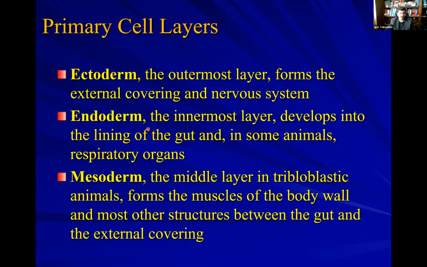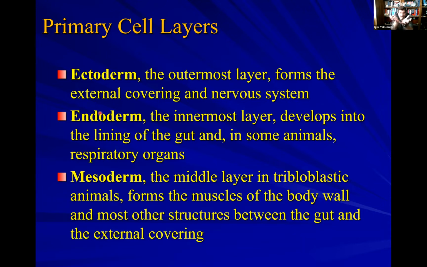Okay? Then we have the endoderm. These are the cells which are moving inside. They are responsible for the digestion. Therefore, pretty much all of the digestive organs, or most of the digestive organs, the digestive tube, will be made out of that particular layer, endoderm.